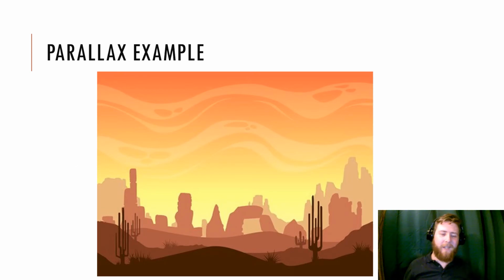This picture here is to show parallax. What I want you to do is take your thumb and cover a spire or some kind of structure, a cactus or something on this picture. Then with one eye closed, close that eye and open the other one.